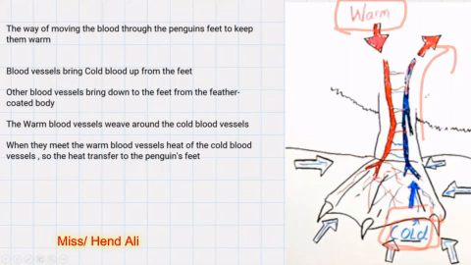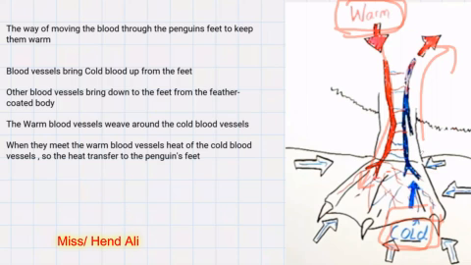Warm blood moves from the penguin's body through blood vessels to its feet, in the opposite direction to the cold blood.